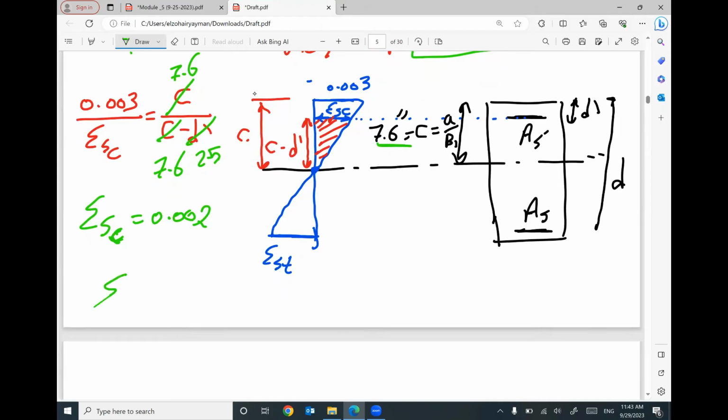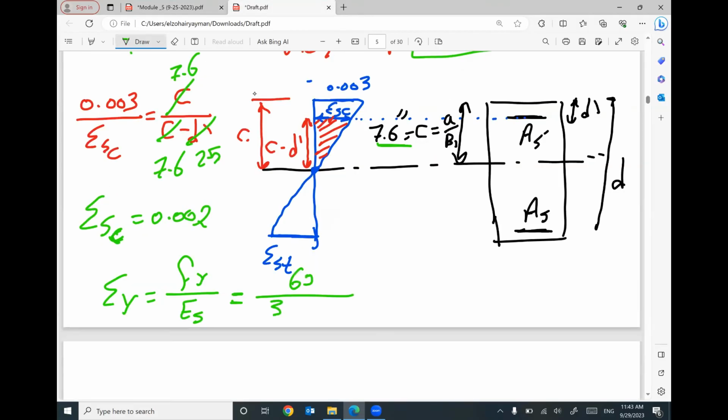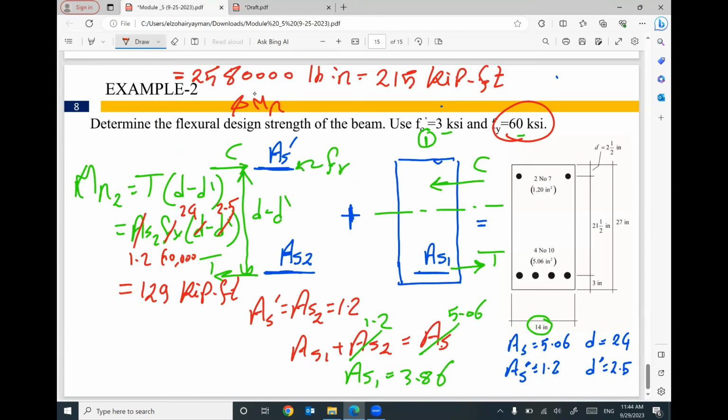What is the value of epsilon yield? Equal f yield divided by E steel. So f yield equals 60,000, or 60 ksi, in this problem, divided by 30,000. Let me do something here to make it more attractive.